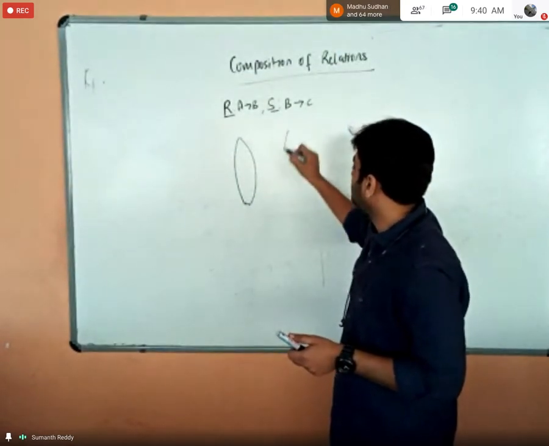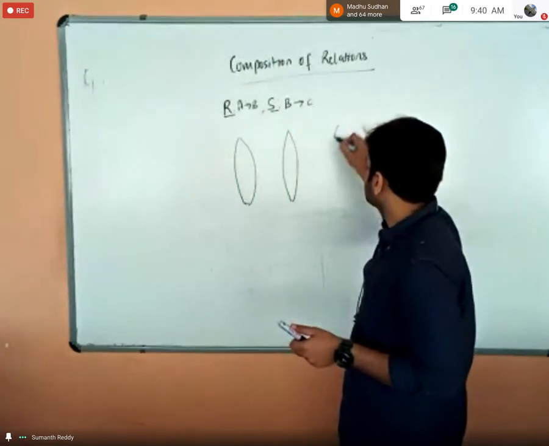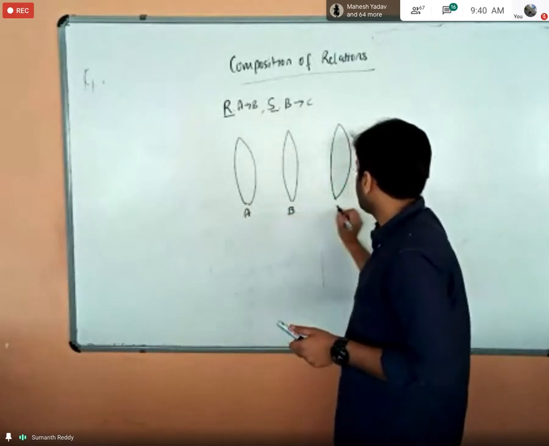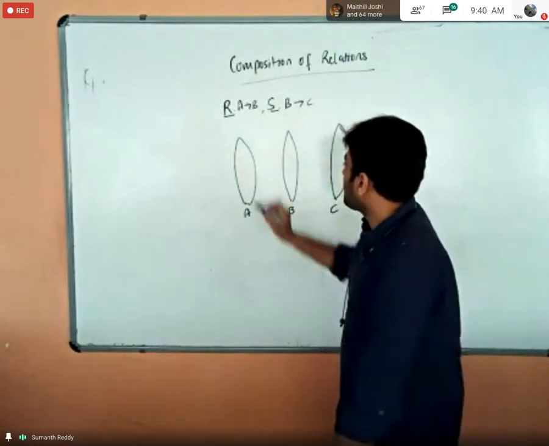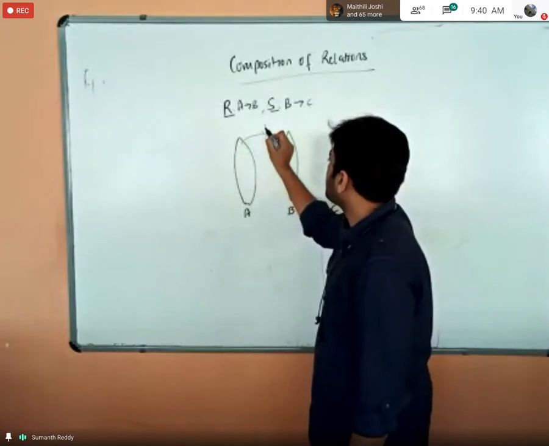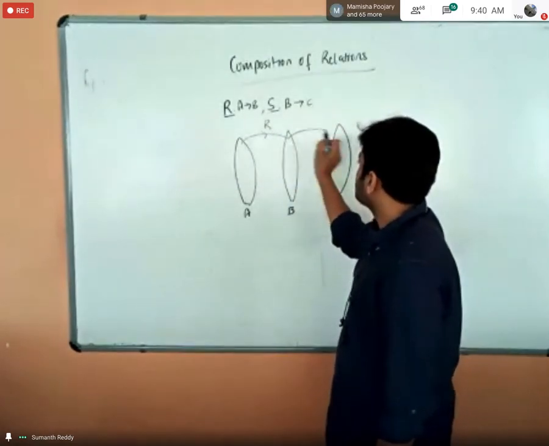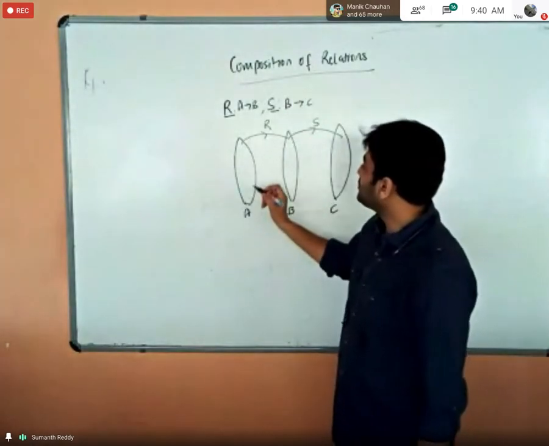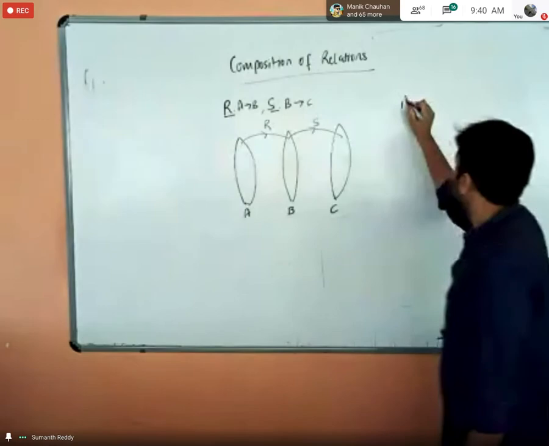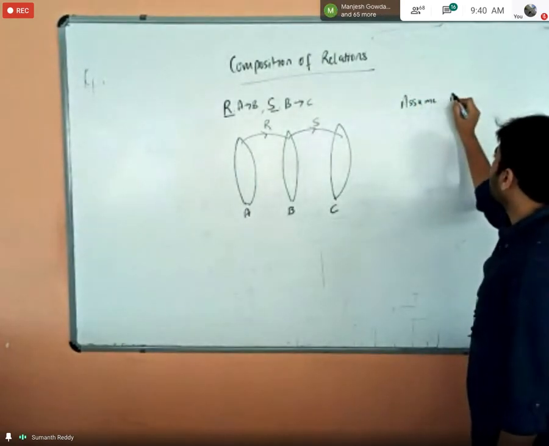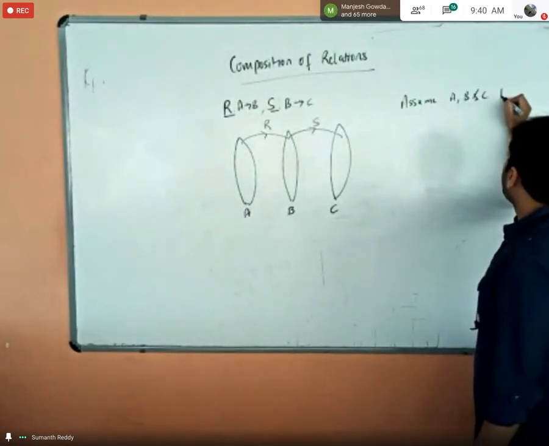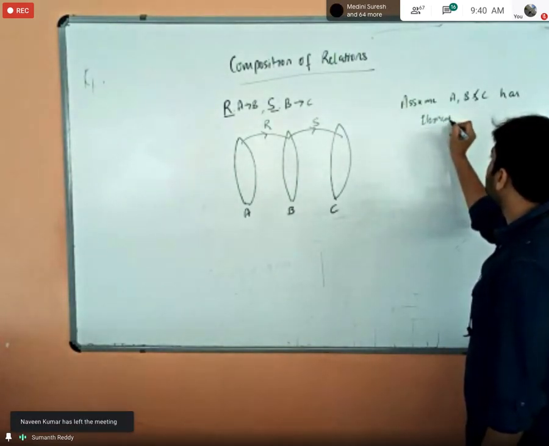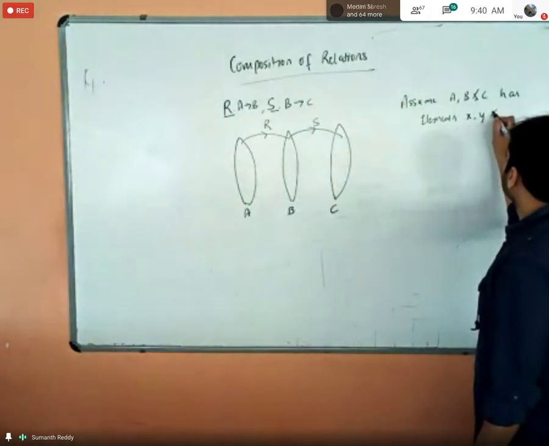These are the diagrams for sets. Now I have taken 3 sets: this is set A, this is set B, and this is set C. This R is a relation from set A to set B, and this S is a relation from set B to set C. Now I will assume the sets A, B, and C have the elements small x, y, and z respectively.